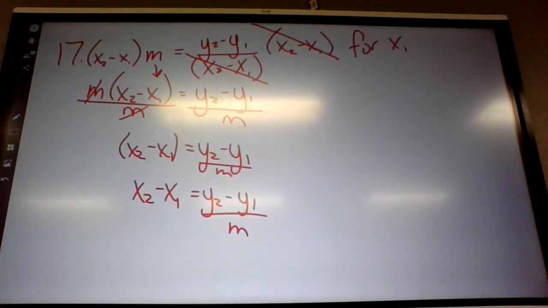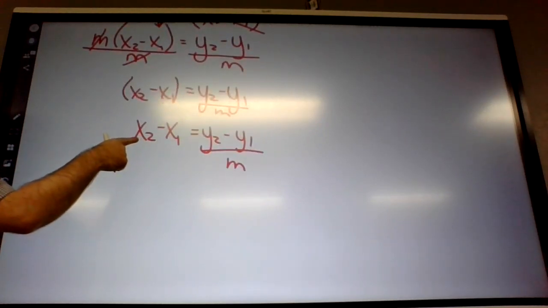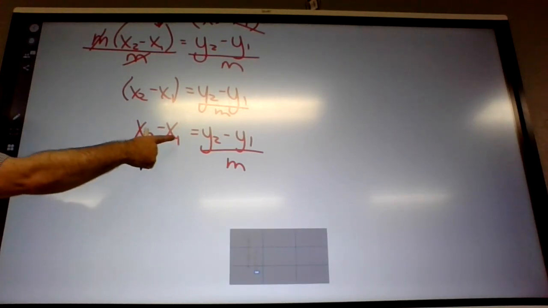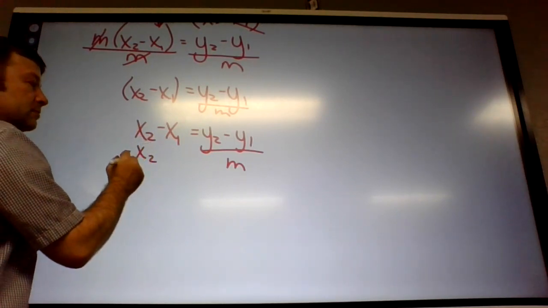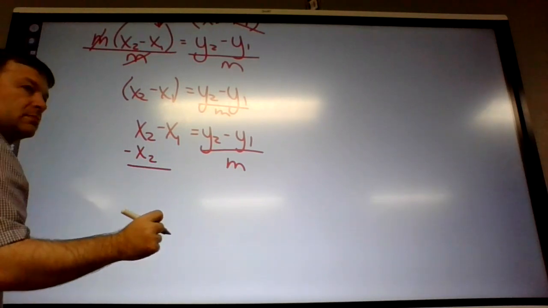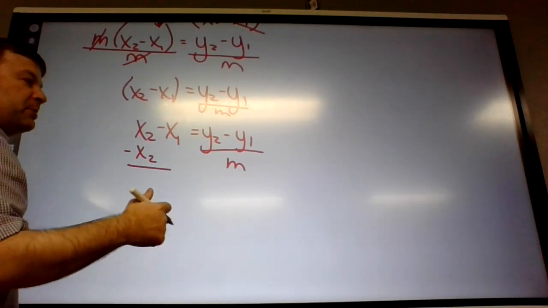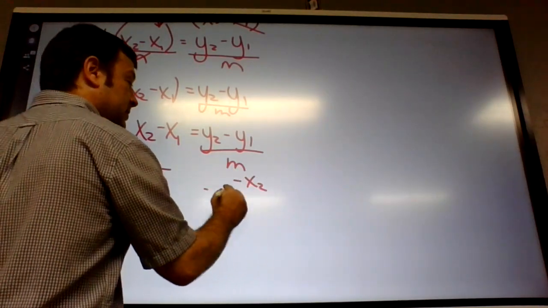But we're getting close. How do I get rid of x2? By the way, the technical way to read this is x sub 2, x sub 1. Couldn't you subtract x sub 2 by x sub 1? No, we talked about how they're different variables, even though they look alike.